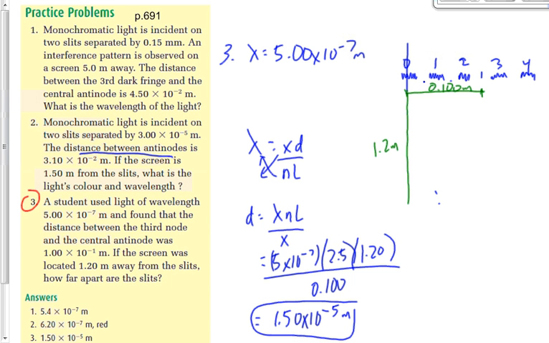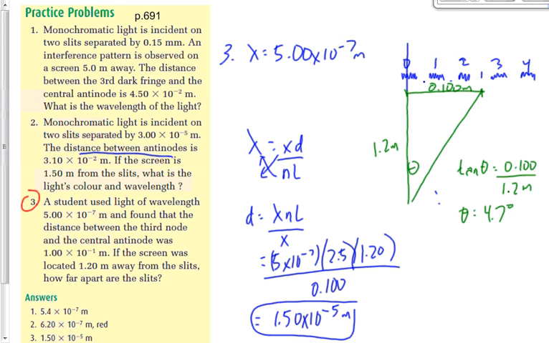Now, this isn't to a very good scale, right? Clearly, this one should be quite a bit smaller than it is compared to this, but good enough. We want to find that value of theta right there. We would say tan theta is equal to opposite over adjacent, and we'd solve for the value of theta. Somebody figure that out for me right now. We end up getting 4.7 degrees there.